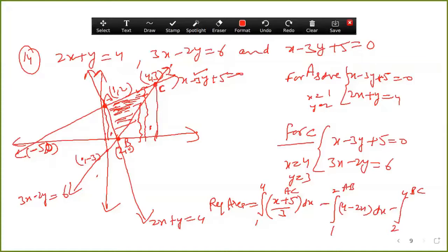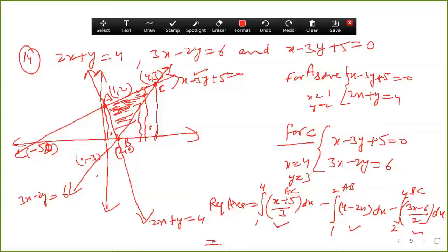These areas are extra, you have taken in from 1 to 4 limit. When you take AC, y is 3x minus 6 upon 2 dx. Now you have to integrate from 1 to 4 the first part, 1 to 2 the second one, and 2 to 4 the third one, and simplify it, you are getting the area.